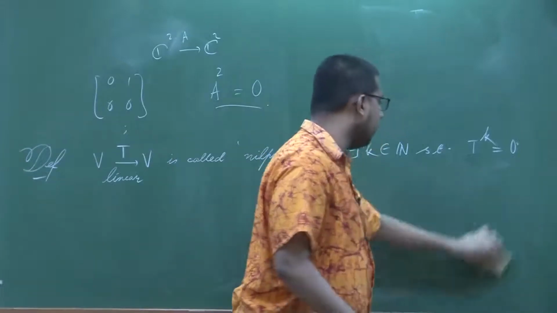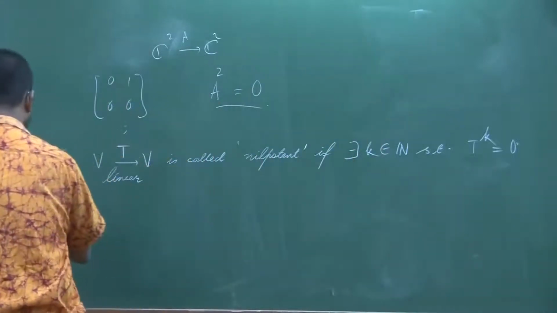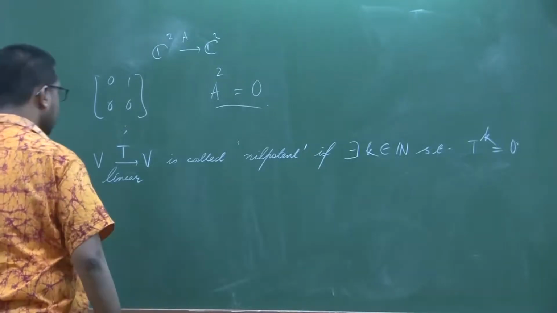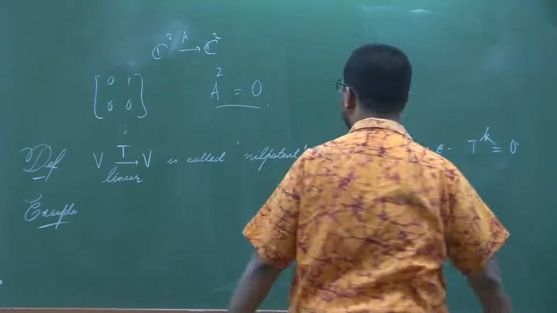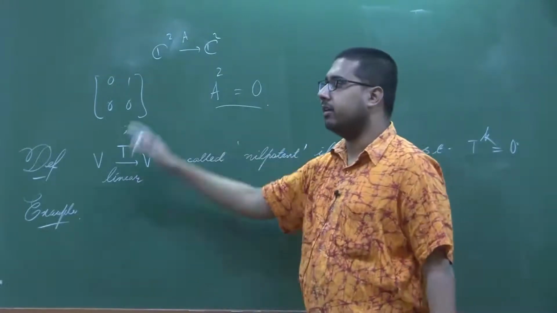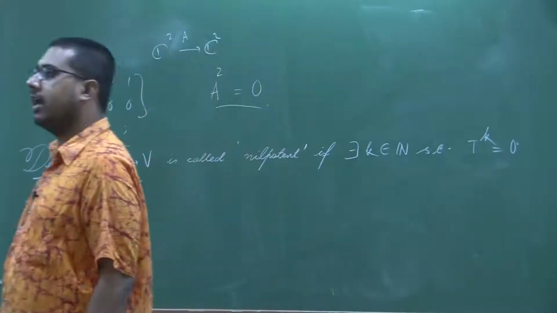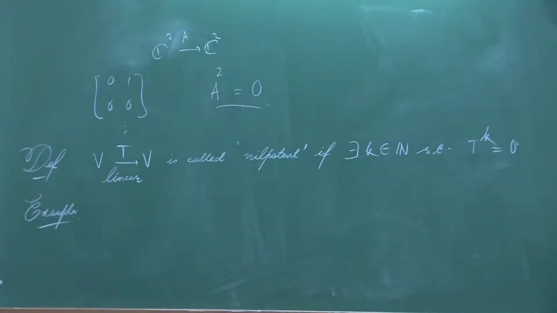Let me give you a few examples. The null operator is already a nilpotent operator. This operator that I have talked about is a nilpotent operator, and we can further generalize.